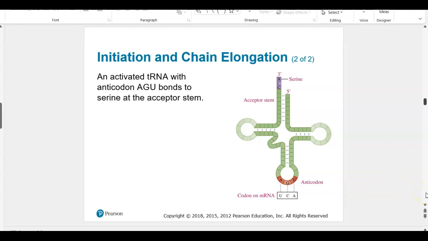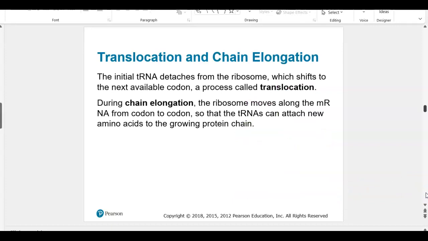Once the first bond is formed, I did mention in an earlier video that the ribosome is like a tape reader, and it moves along the messenger RNA, and it is instrumental in assembling the protein from the appropriate amino acids in the appropriate sequence.